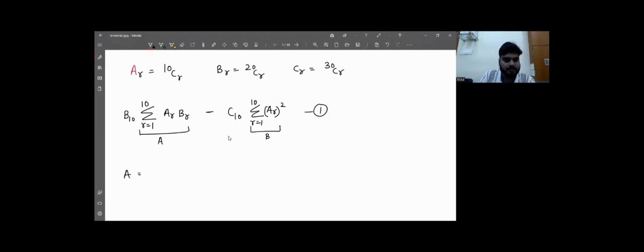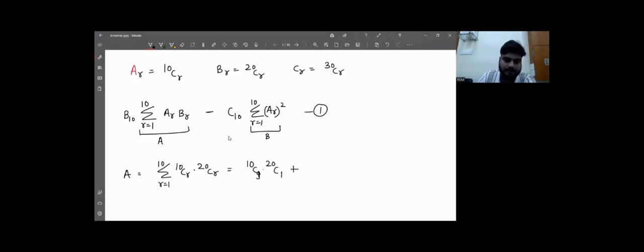So the A part is the sigma of A_r B_r, that means 10Cr multiplied by 20Cr, and r = 1 to 10. Now this expression will become 10C1 and 20C1, and that 20C1 can be done as 20C19, right? Let me convert 10Cr as well. So this will be 20C1 and this will be 10C9.